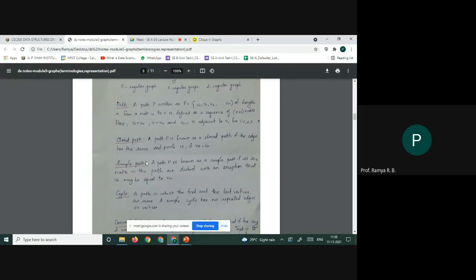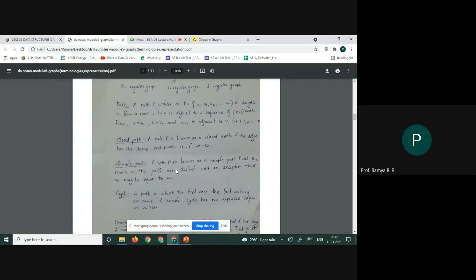What is a simple path? A path P is known as a simple path if all nodes in the path are distinct, with an exception that V0 may be equal to Vn. Not necessarily equal to Vn, but V0 can be equal to Vn. Simple path means except your origin and destination, whatever vertices you are visiting are unique.